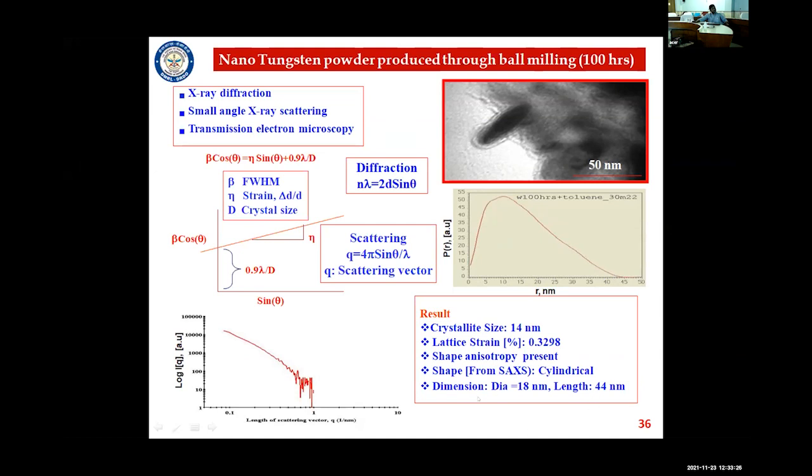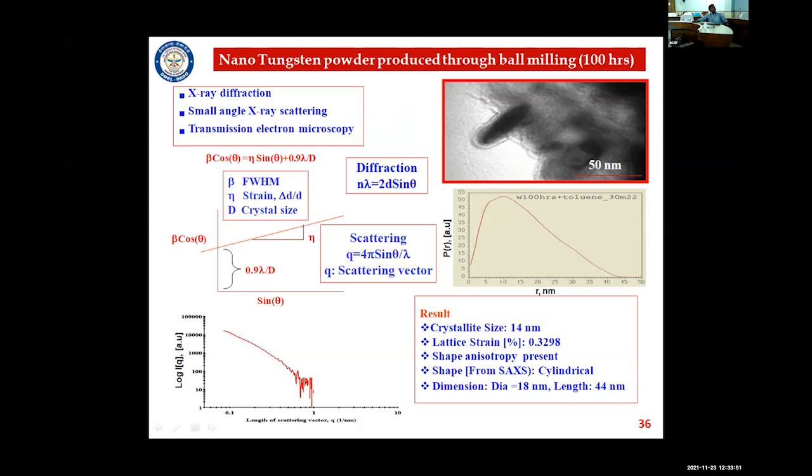And these dimensions, whatever I got from the actual SAXS results, are confirmed with the transmission electron microscope. This is the bright field micrograph, where you can see these particles. As I mentioned, from SAXS it is a cylindrical shape. The width is around 18 nanometers and the length is around 44 nanometers, and this is the 50 nanometer scale, so you can compare.